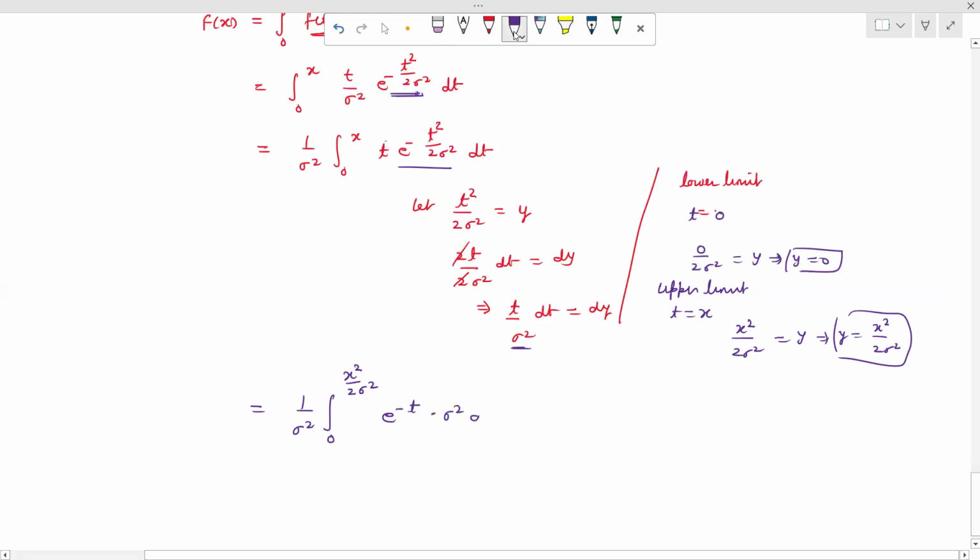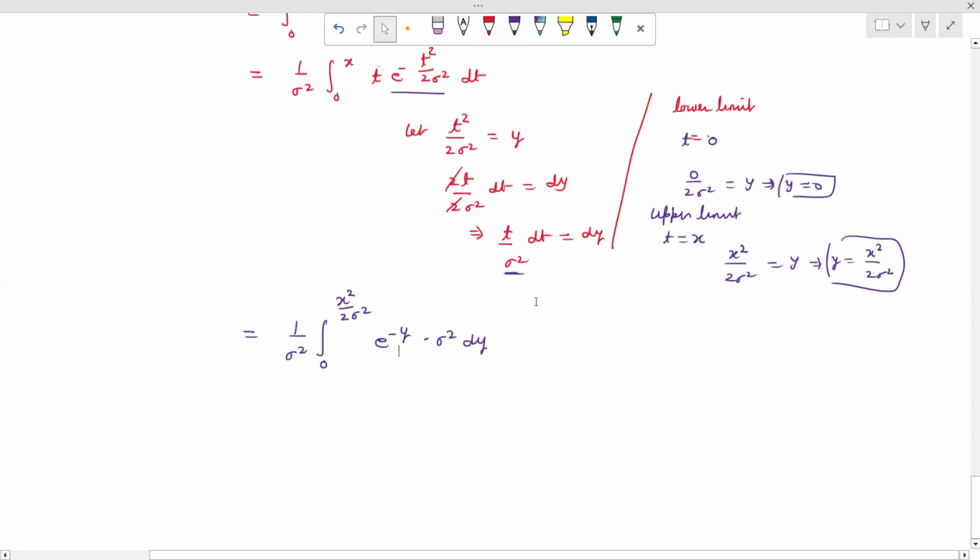Here we write sigma square into dy, and t square upon 2 sigma square we replace by y. So now sigma square and sigma square cancel. So we have the integration from 0 to x square upon 2 sigma square of e raised to the power minus y into dy, so we can integrate this.